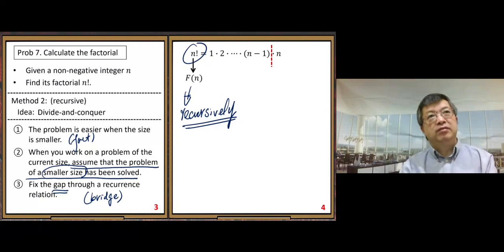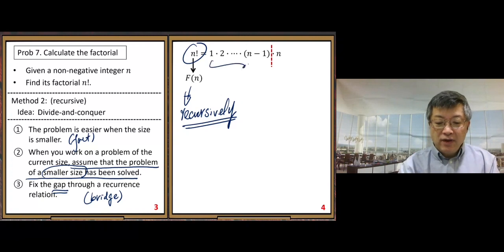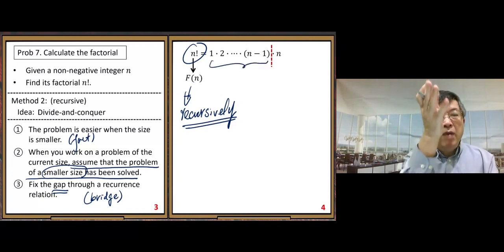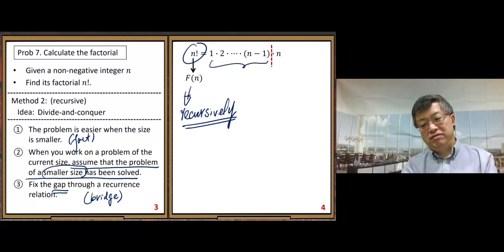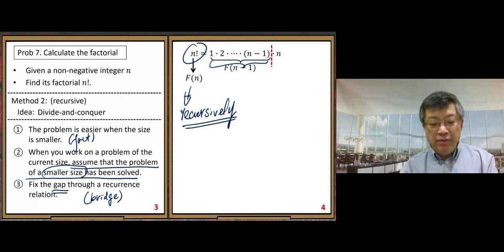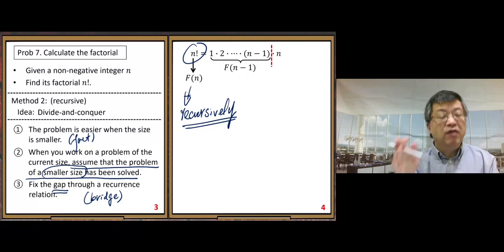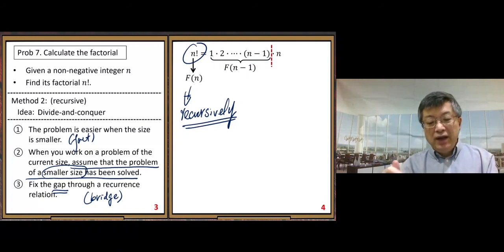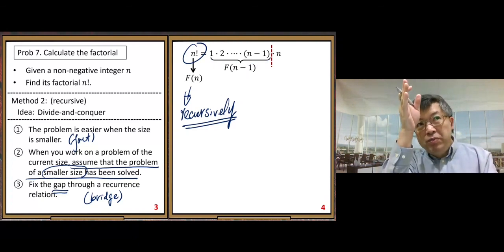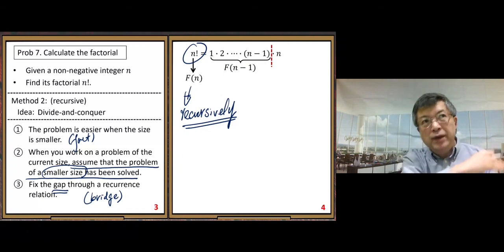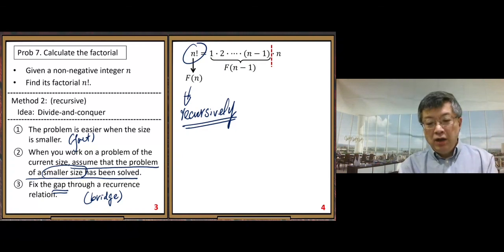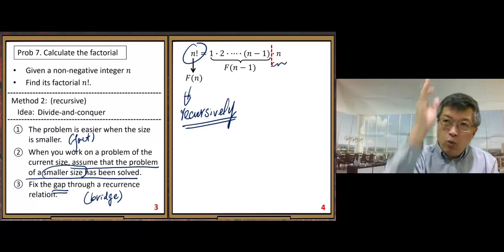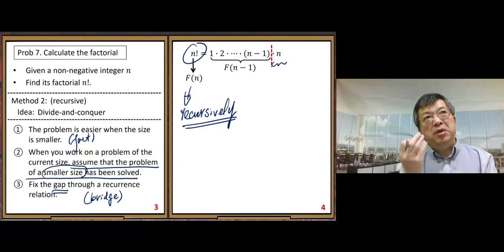Then this part is the problem of smaller size. Okay, f of n minus 1, the problem of smaller size, f of n minus 1. Then we just chop out one number out. Why? That's one commonly used method. Just chop out one element.